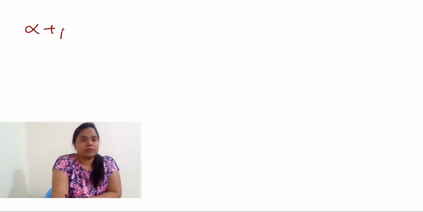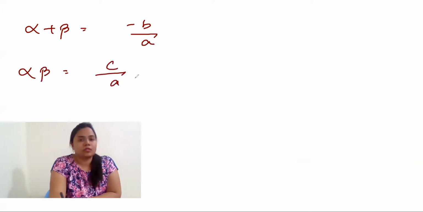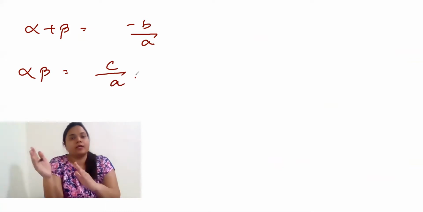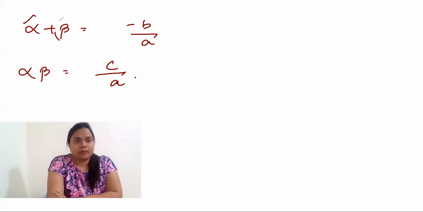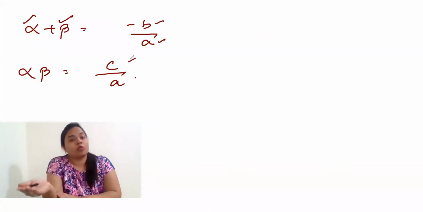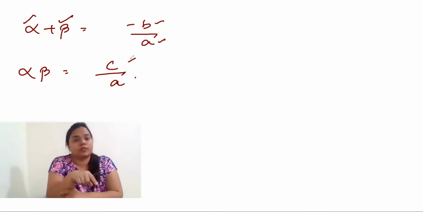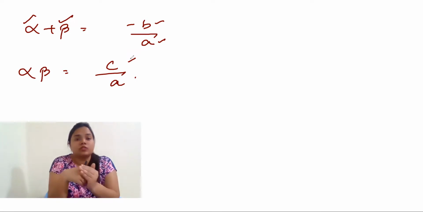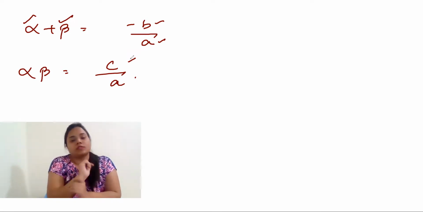Alpha plus beta should be equal to minus b by a, and alpha beta should be equal to c by a. These are the relationships between zeros and the coefficients. See, alpha and beta are the zeros, and b, a, and c are the coefficients. I will be solving some examples to show you how we use it and how the questions come. And then in the next class, we will solve exercise 2.2.